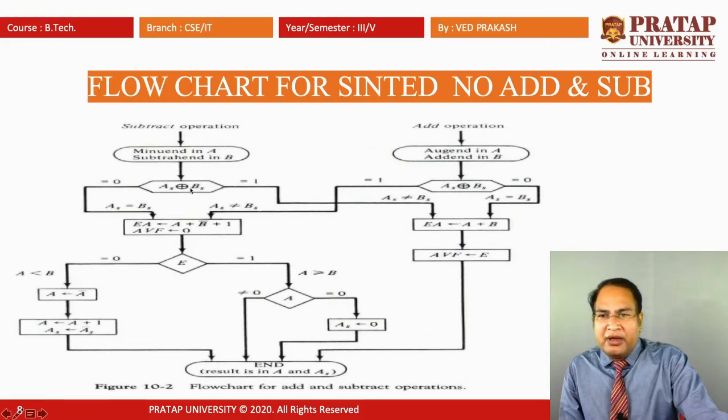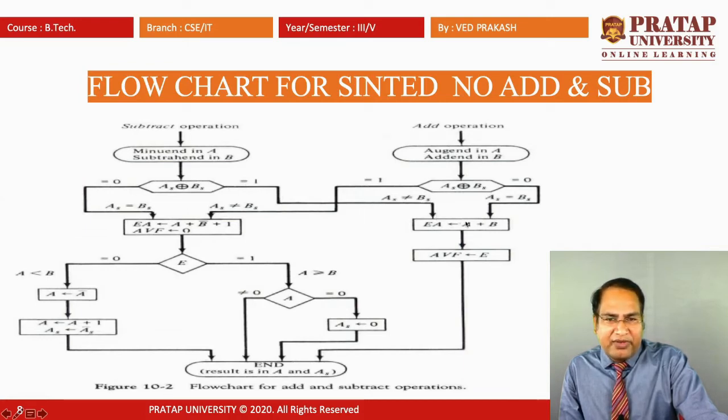Now, if the output of the XOR gate is 1, we can say that the sign bits AS and BS are different, and when these sign bits are different and we are going to perform the subtraction operation, it automatically turns into an addition operation.